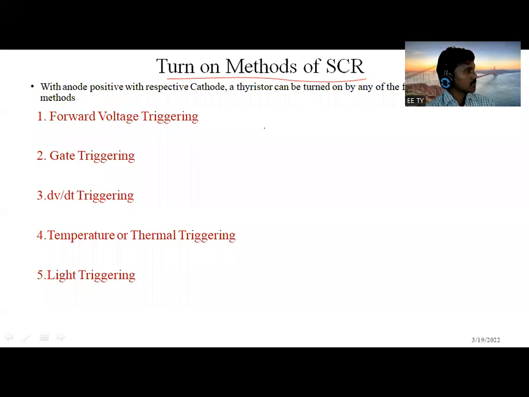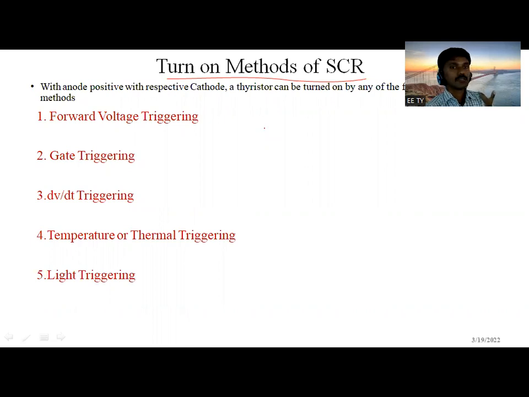Previously we discussed the VI characteristics of SCR. कैसे turn on कैसे करते हैं अपन. So gate को some voltage apply किया, अपन SCR को turn on किया. That is one method. Is there any other method to turn on SCR? That is the meaning of this topic. Other than the gate triggering technique, is there any other method to turn on the SCR?